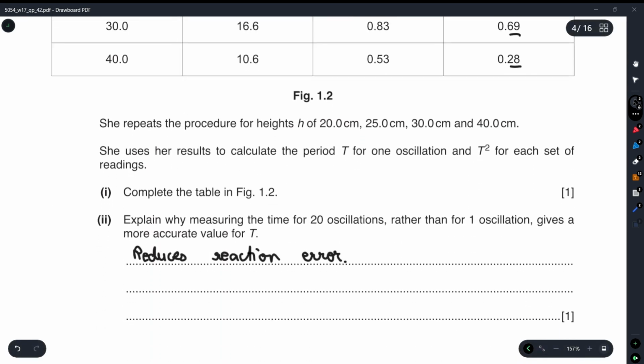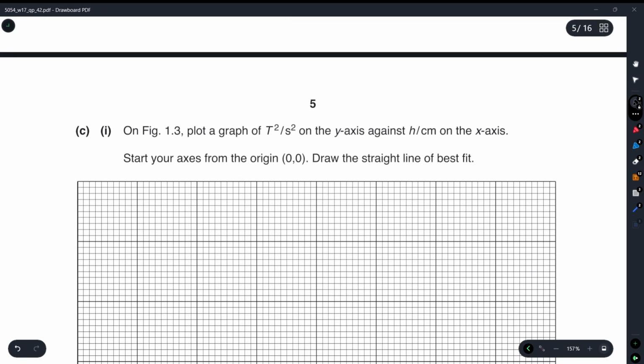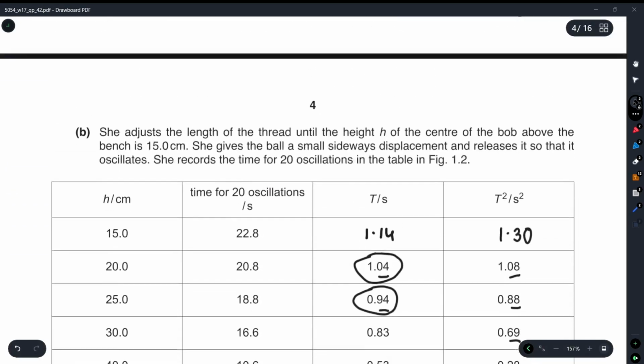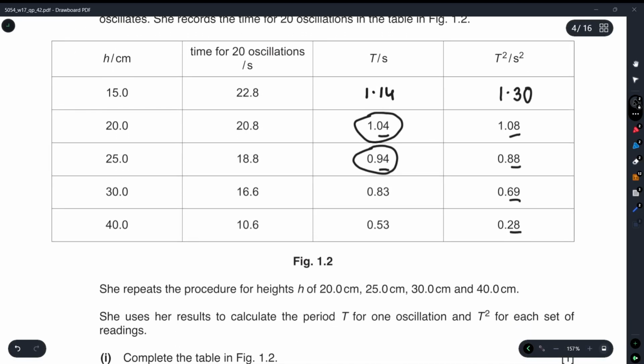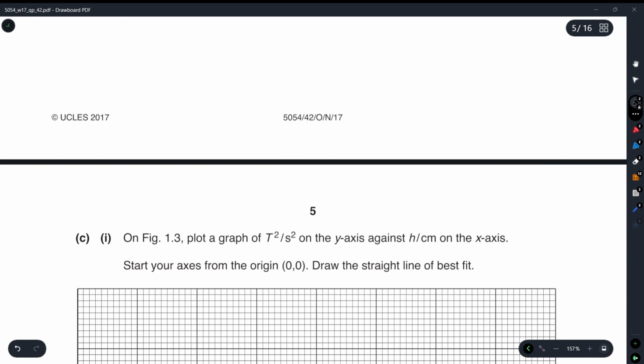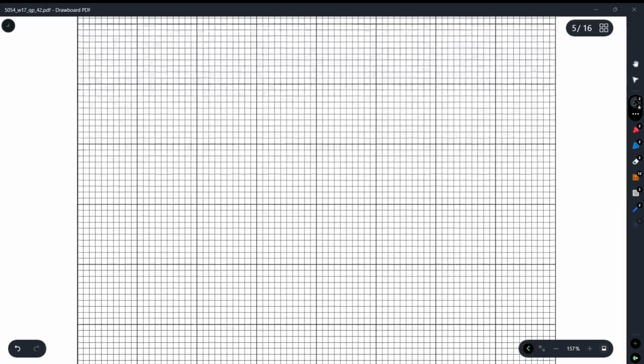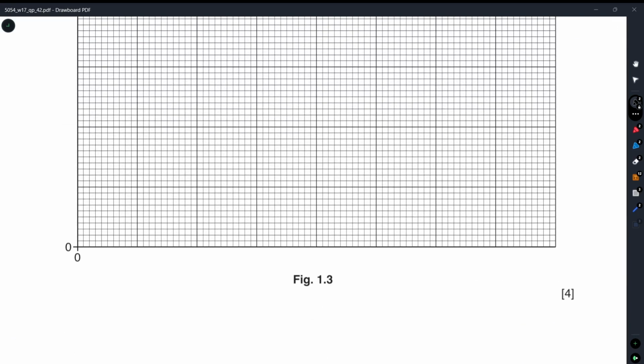And what does it say about the graph? Start from the origin, draw a line of best fit. ठीक है, so 15 20 25 30 and 40, and this goes on the x-axis. So I'm guessing can I go with 10 20 30 and 40 like so?